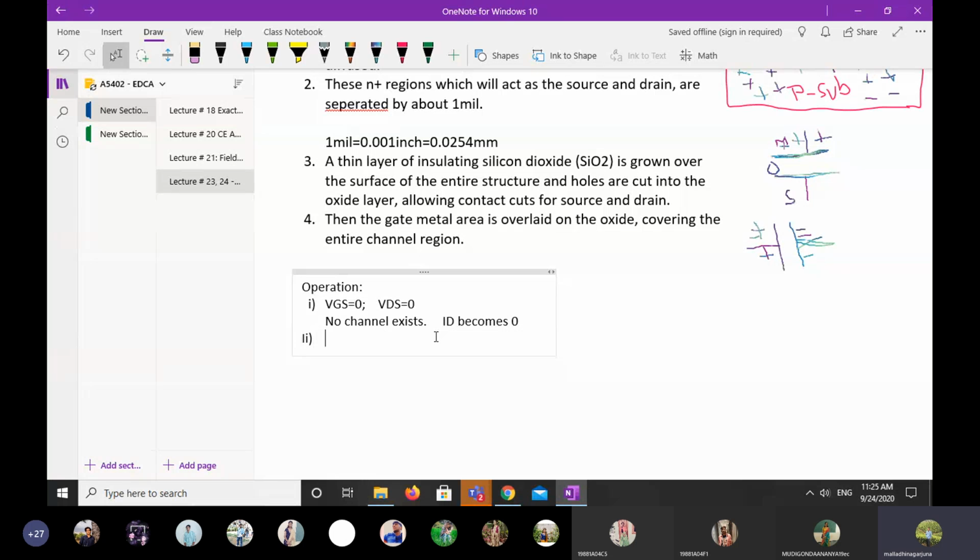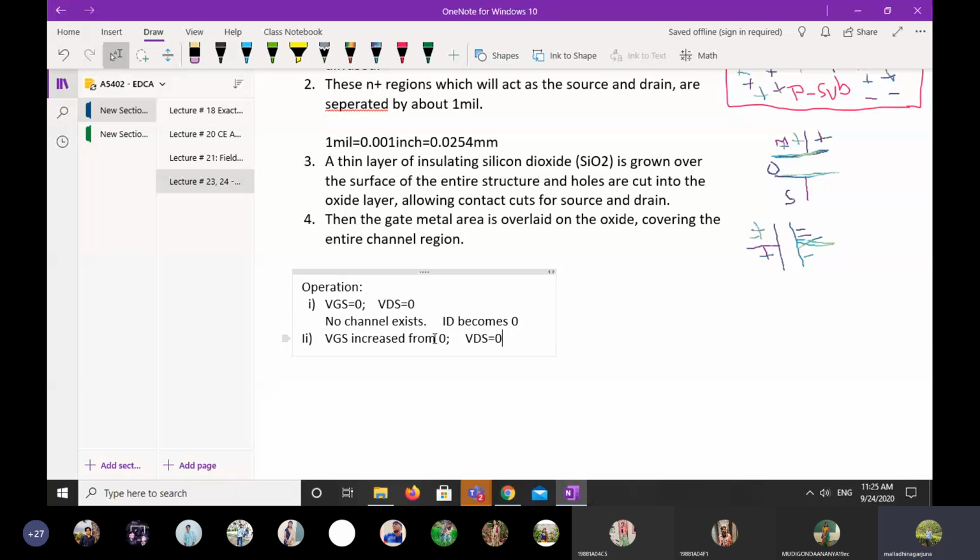So suppose we take the second condition. What is the second condition? I'm taking Vgs increased from 0, and again Vds equal to 0. The first step is both voltages are zero, both input and output.